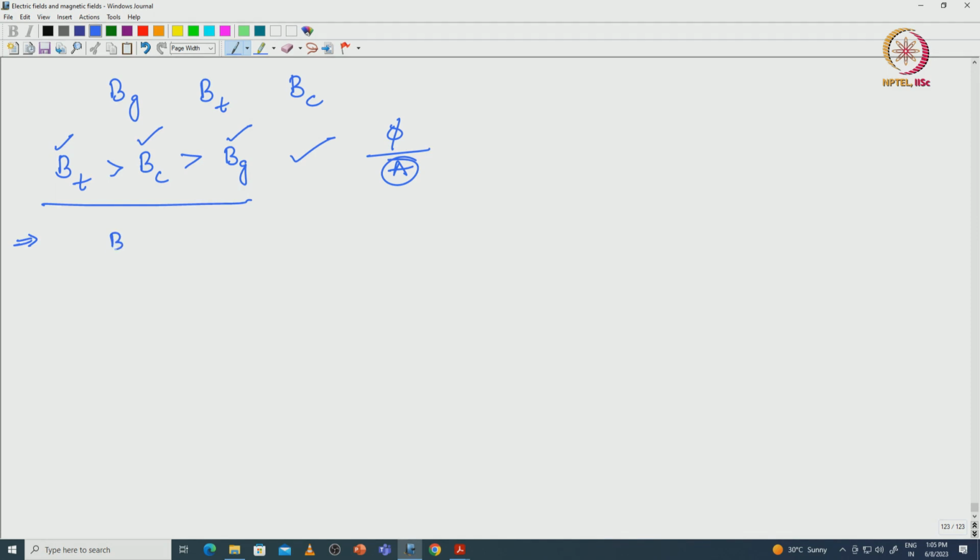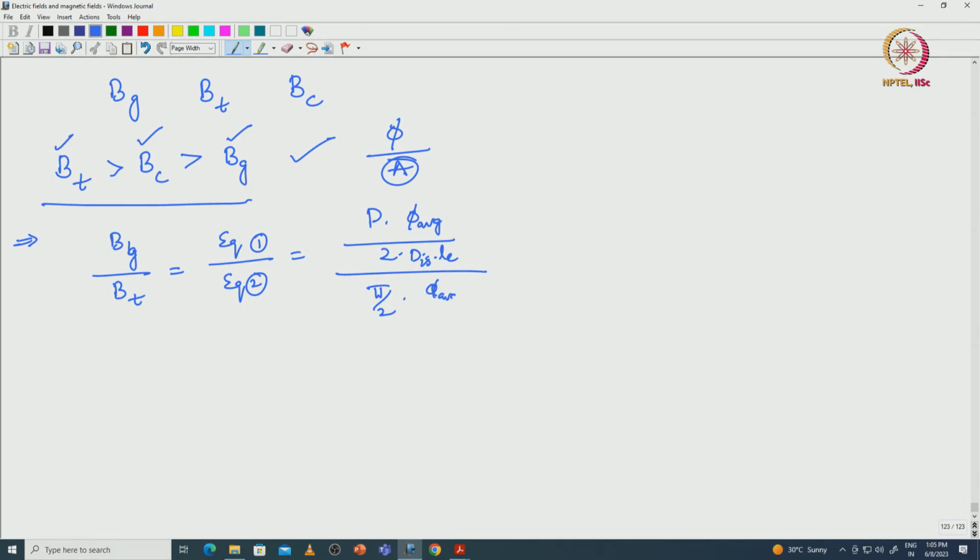Now we will see the ratios of the flux densities at the different portions. The ratio Bg by Bt is nothing but equation 1 divided by equation 2. It will result in P into phi average divided by 2 dis into Le, divided by pi by 2 flux average into P divided by Qs into T into Le into Ks.